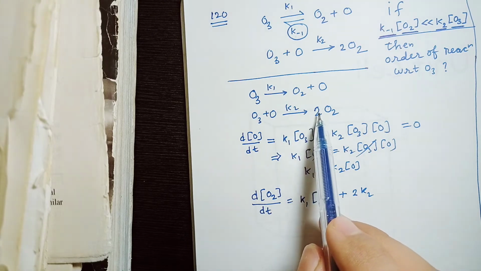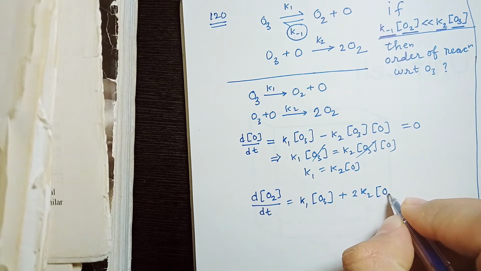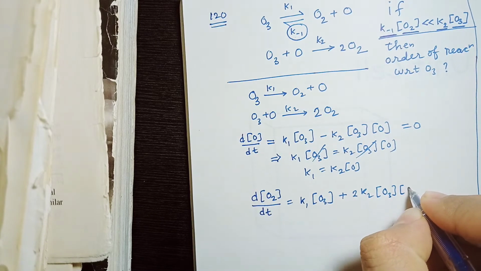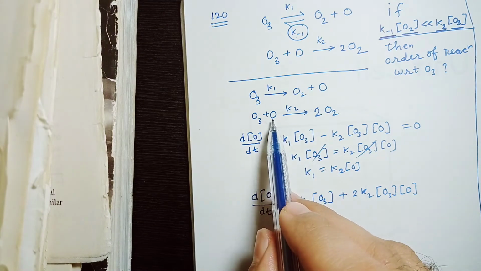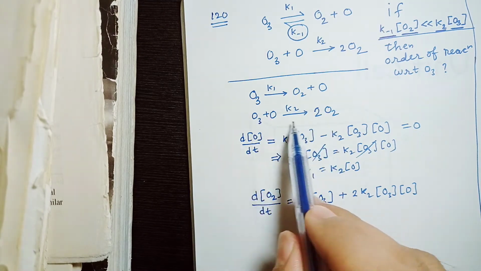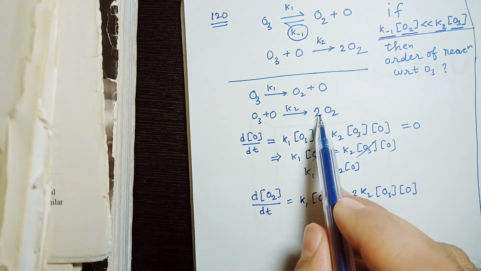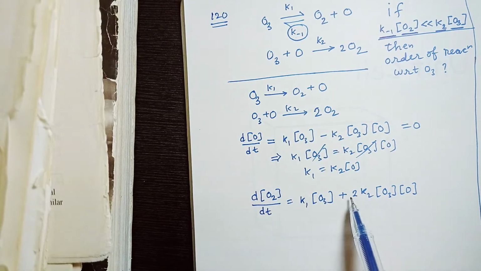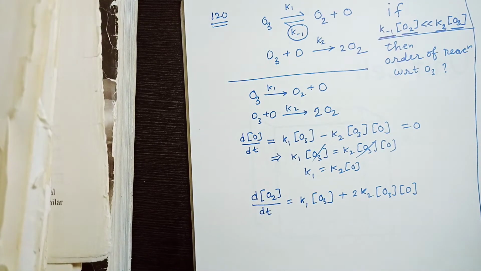Because here the stoichiometric coefficient is 2. If you are getting confused, if you write the rate law for this in terms of rate of formation of O2, 1 by 2 will come here, so it will be multiplied here. If you write both the steps separately, finally you will get this one.